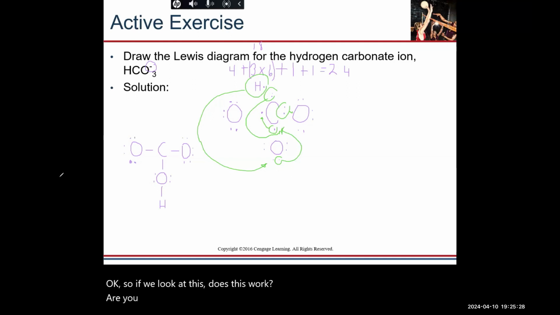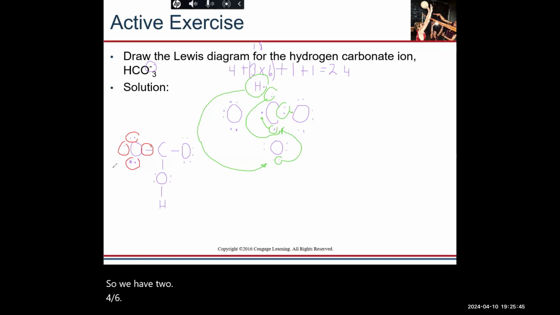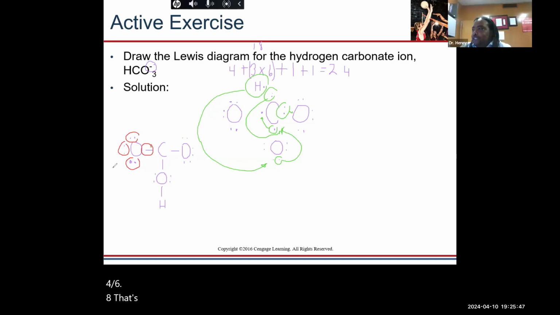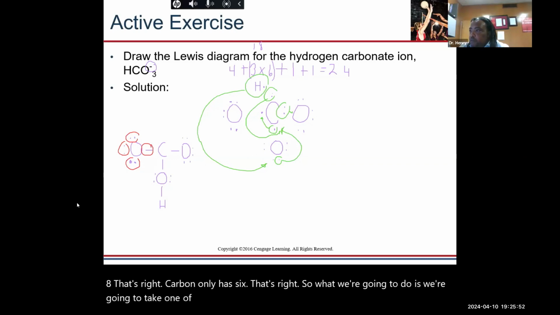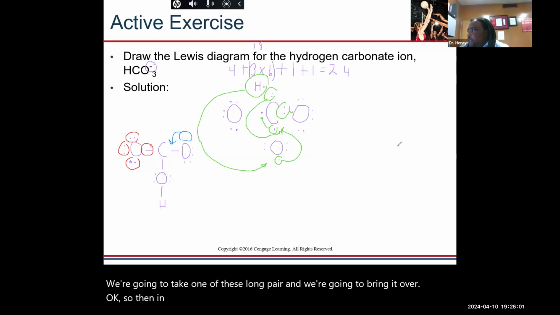Are you sure? So we have 2, 4, 6, 8. I think carbon needs eight, right? Because it only has 6. Carbon only has 6. That's right. So what we're going to do is we're going to take one of these lone pair, and we're going to bring it over. Okay. So then in that case, we're going to end up with a double bond.